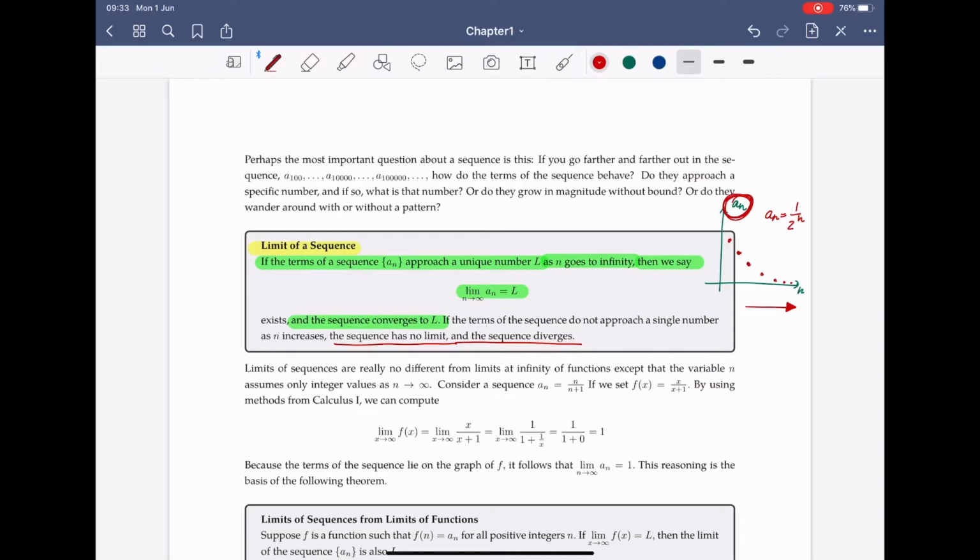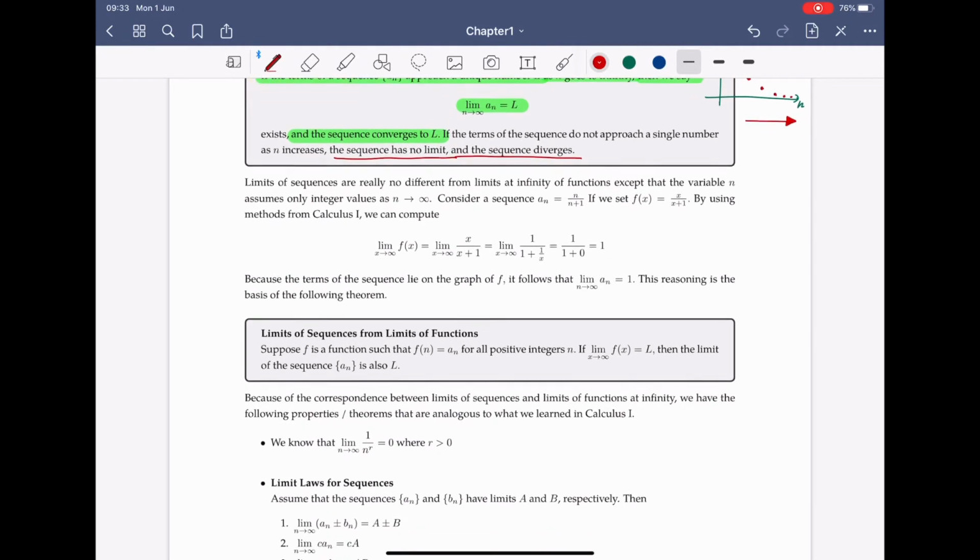Before we head to the examples, because this is the concept of limit, anything you learned from calculus 1 about limits, you can use here. So let me review something that may be useful when you do the problems.